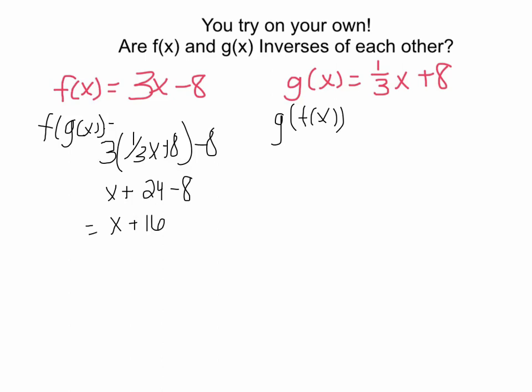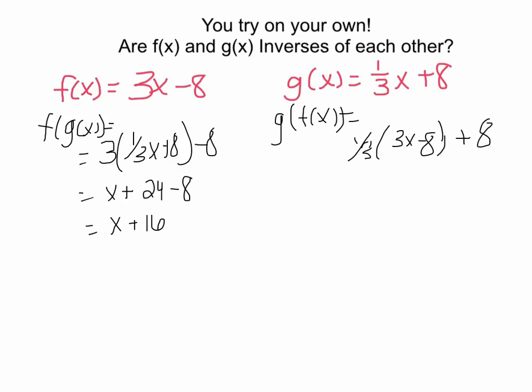Okay, so right away we should know that these are not inverses because remember they both have to be x. But just in case, you always want to try the other one because there is a chance you could have made a mistake. So now g of f of x, we plug that f into the x of the g. So 1/3, that's a 3, and then 3x minus 8 plus 8.